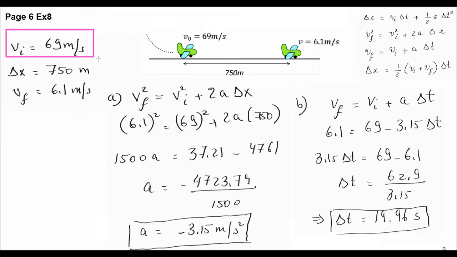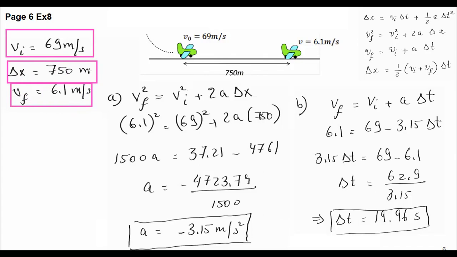Once the jet touches down, it has 750 meters of runway in which to reduce its speed to 6.1 meters per second. So what is 750 meters? It's delta X. And what is 6.1 meters per second? This is V final. Okay. Anyway, everything is written on the graph as well. So you can write it here, you can keep it here as you wish.